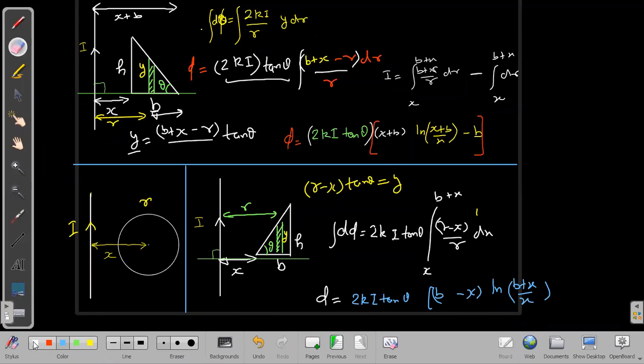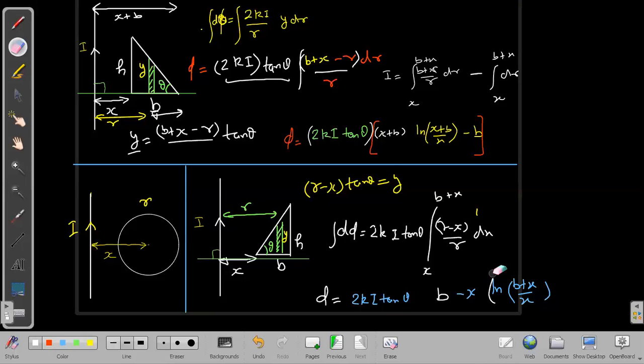The bracket is only for x. Sorry, this b is not inside it.